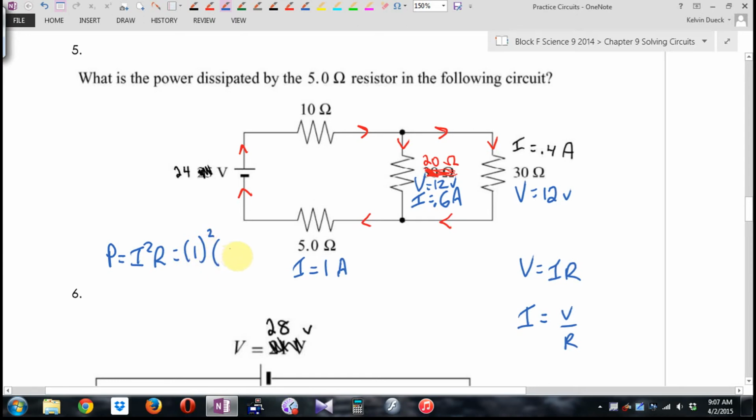What's R? Yeah, you know what? I can do this in my head because 1 squared, what's 1 times 1? Times 5? Here it is. The power in this resistor is 5 watts. There it is. This is this hopscotching approach. You got it okay? Yeah?